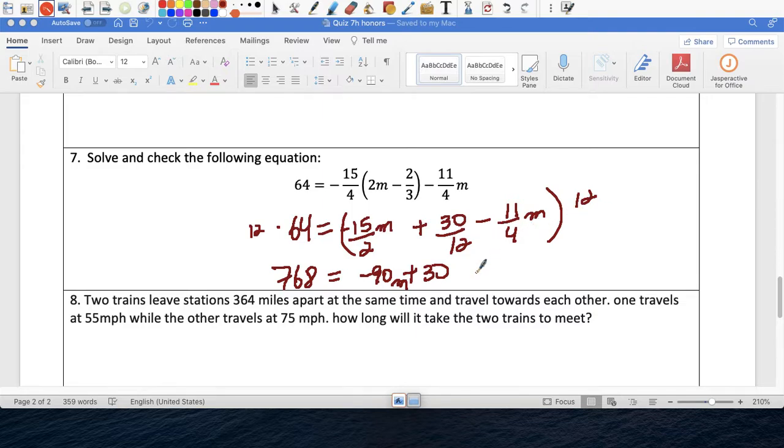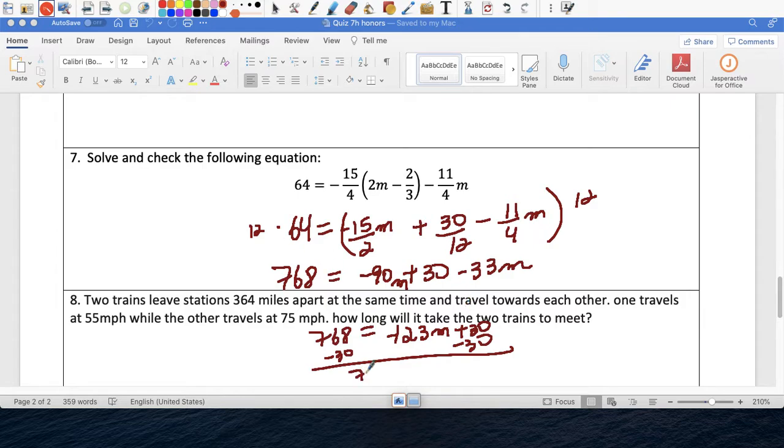12 divided by 4 is 3, minus 33m. 768 equals, well, hang on a second, negative 123m plus 30. Minus 30 on both sides, you get 738 equals negative 123m, divided by negative 123. Okay, 738 divided by 123 equals 6, so m equals negative 6.